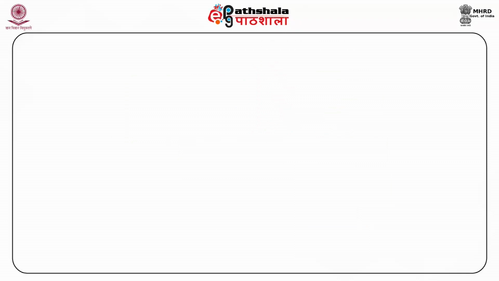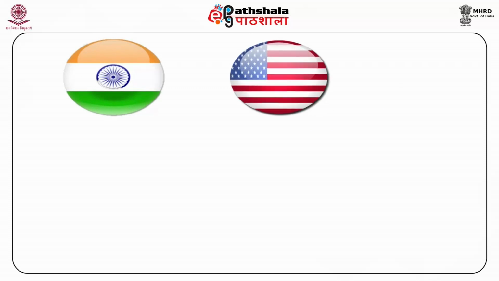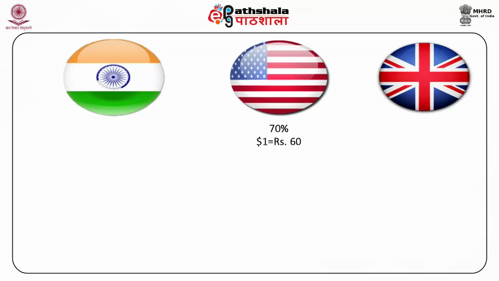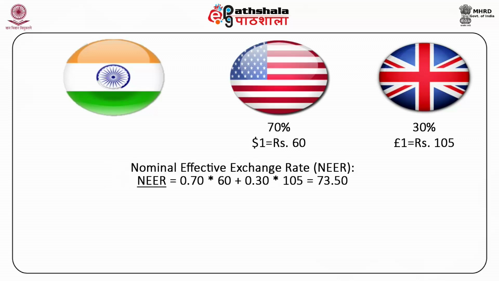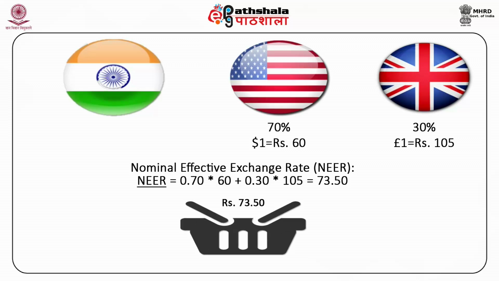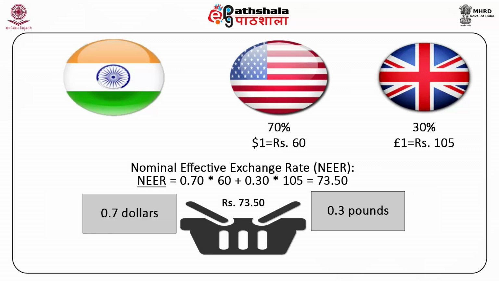For example, if India trades only with two countries, US and UK, with respective shares of 70% and 30% in India's trade, and nominal exchange rates are $1 equals rupees 60 and £1 equals rupees 105, then the nominal effective exchange rate may be computed as 0.7 multiplied by 60 added to 0.3 multiplied by 105 equals 73.5. This implies that for rupees 73.5, a basket of goods containing $0.7 and 0.3 pounds can be purchased.